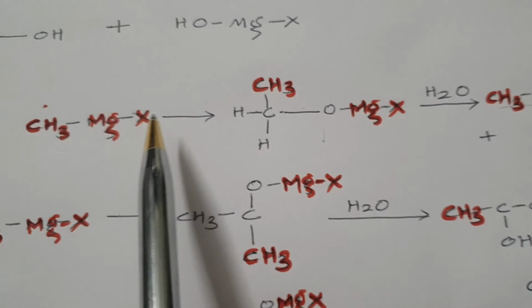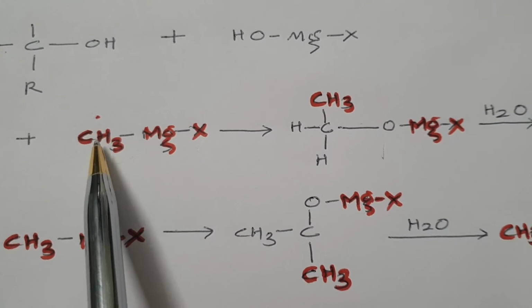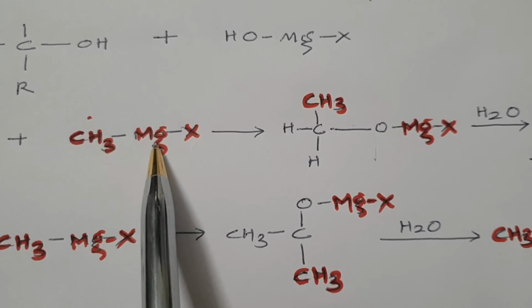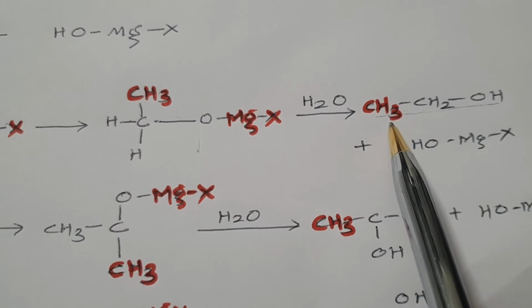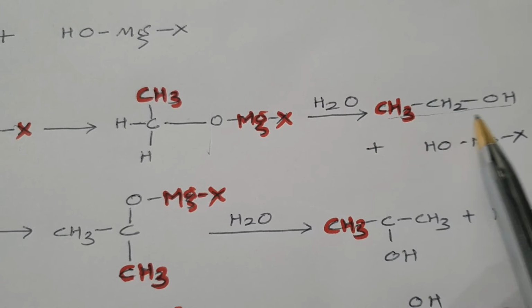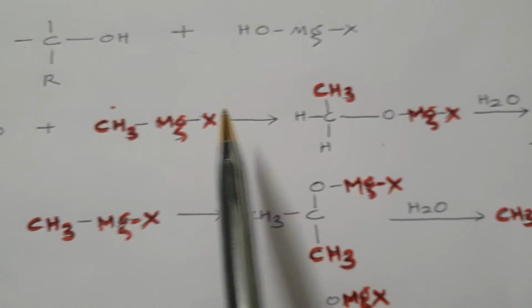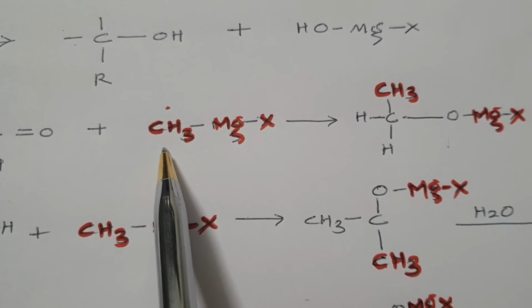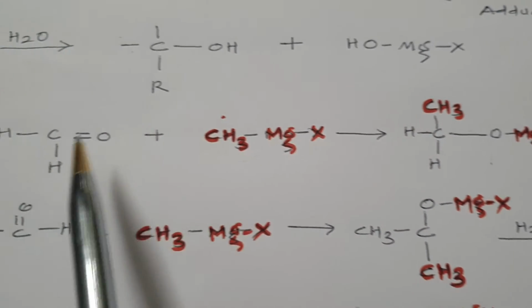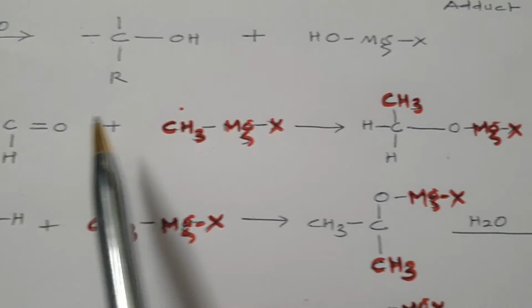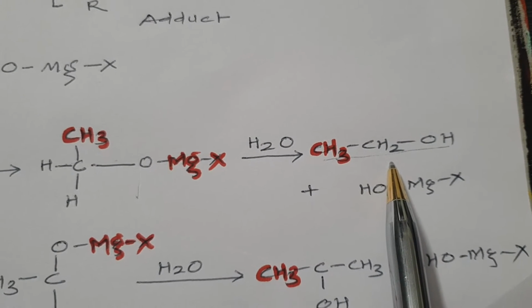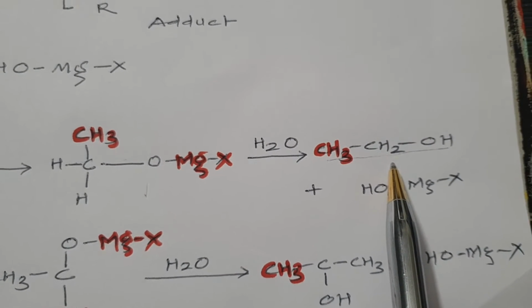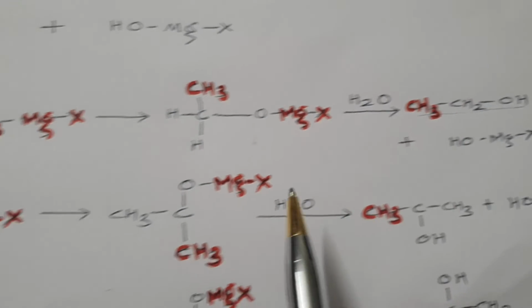If I would have had here ethyl magnesium halide, my product would have been propanol. If it would have been 3 carbon atoms, 3 plus 1, 4, that means I would have obtained butanol as my product.